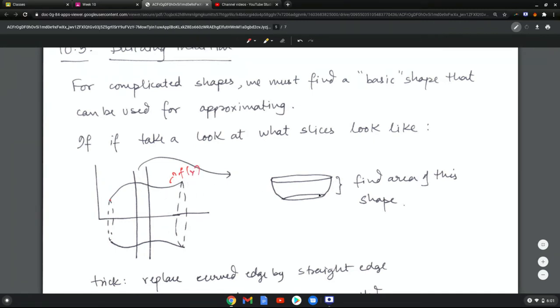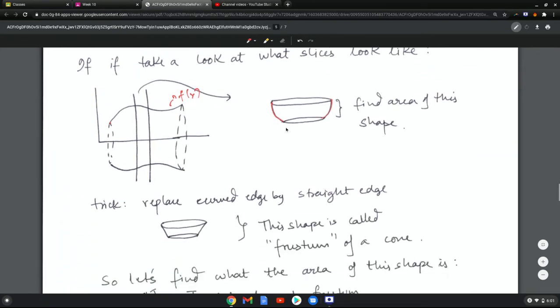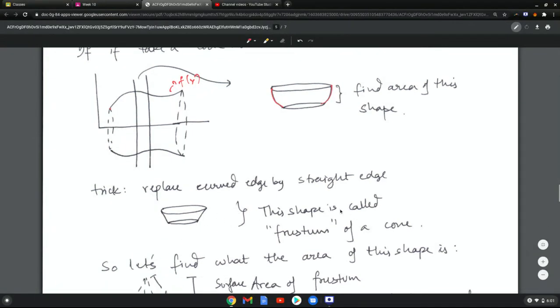This slice kind of looks like a bowl, a bowl with a curved edge. But then we use our trick from last time, the arc length trick, and we replace this curved line by a straight edge. And we get a shape called the frustum of a cone, which is what remains if you take a cone and cut off the bottom part. So this gives us the idea that our basic shape should be something like that.